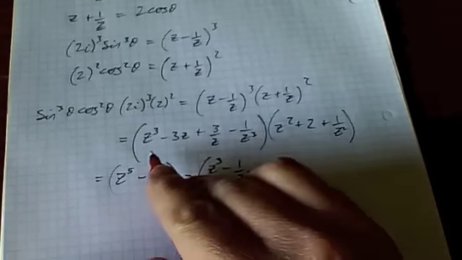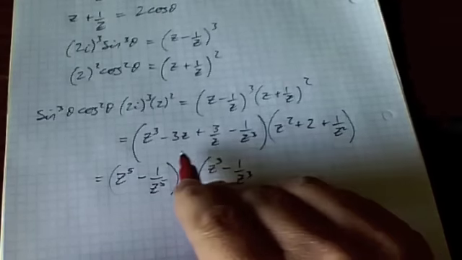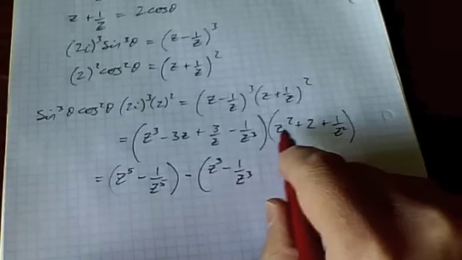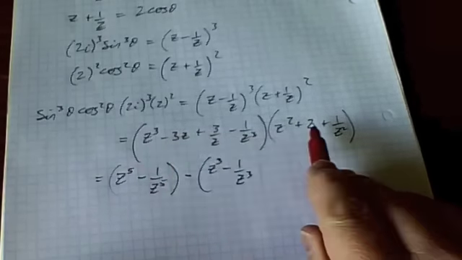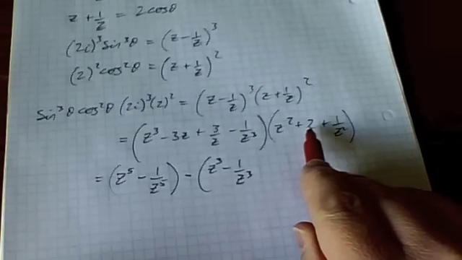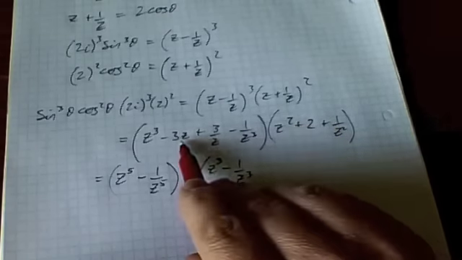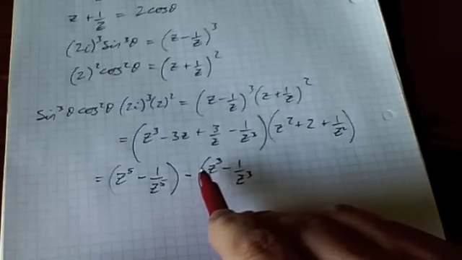So I'm expanding these out and doing a fair bit of simplification in the middle. That z cubed there comes from the fact that you've got z cubed times 2, you've got 2 z cubes there, but you're going to lose minus 3z cubed from this, so you end up with minus 1z cubed.